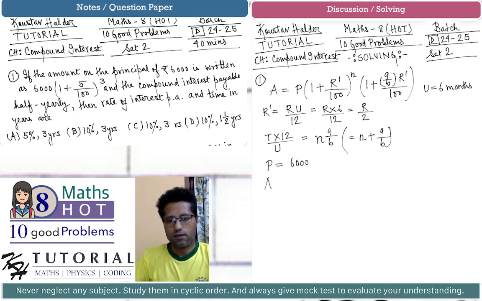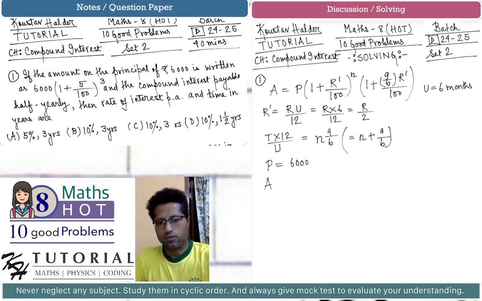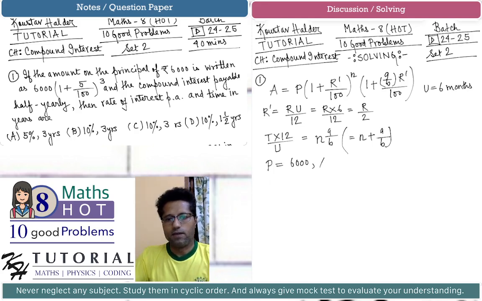Now it is given that in this problem p is equal to 6000. Also a is given as 6000. Now if the original principal is 6000, then the amount will be, we know, 6000 multiplied by 1 plus r dash, where r is the rate of interest given as per annum.